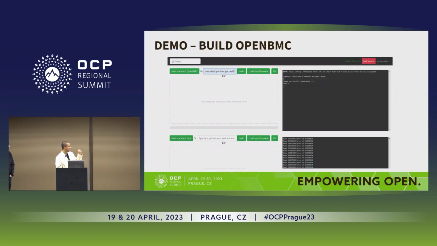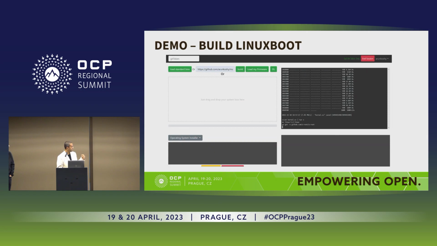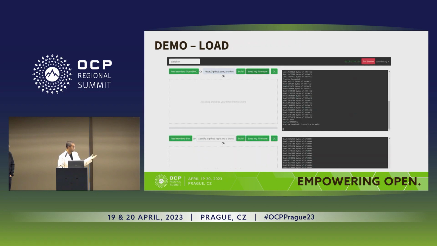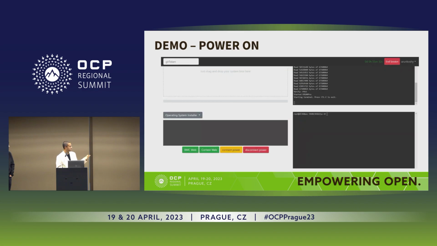Roughly, the demo will walk you through how you could build your own custom build of OpenBMC, LinuxBoot, and then you can load that particular firmware that you've just built, and then you can power on your machine. You've got these neat options where you can enable the BMC web interface, and you can run your tests, all from the comfort of, like Jean-Marie said, your couch.